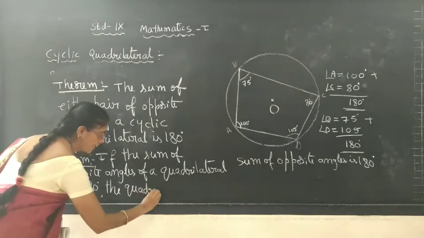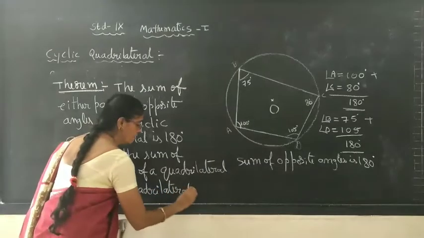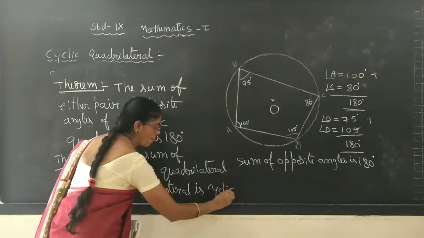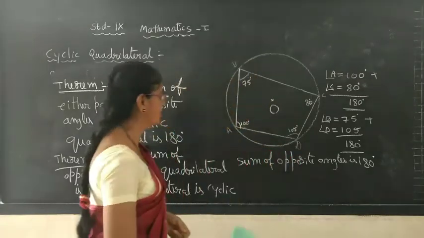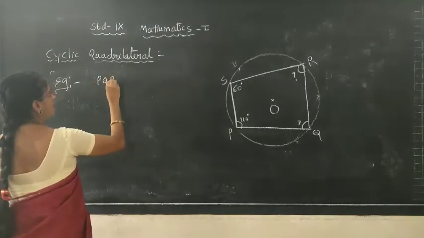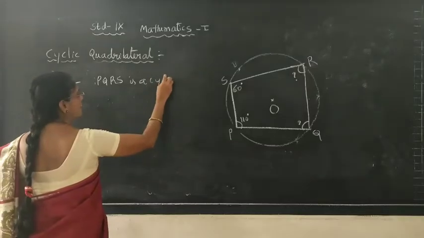If you have one or two problems, you will solve them based on this concept. PQRS is a cyclic quadrilateral.